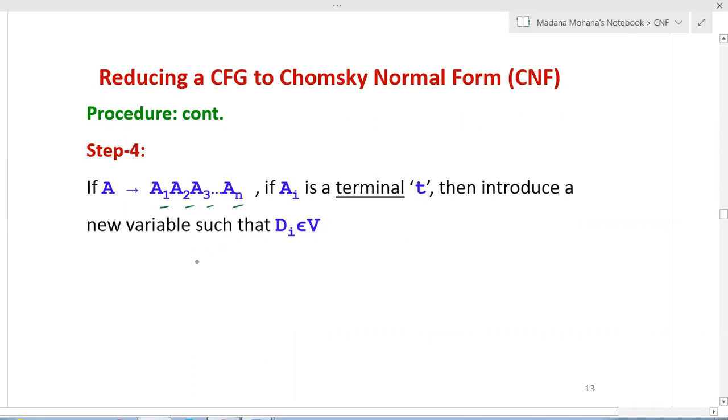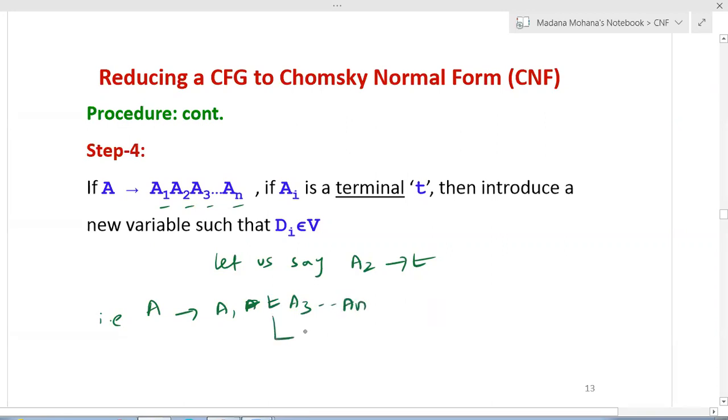So let us say, for example, A derives A1, A2, A3 and so on An, where A2 is t. A2 is a terminal t, and the remaining remains the same, A3 and so on An.